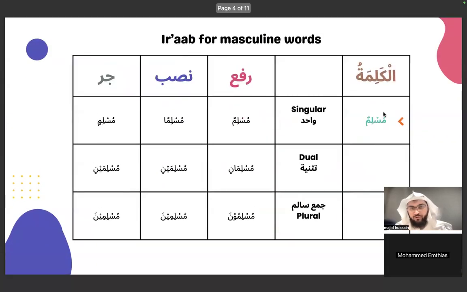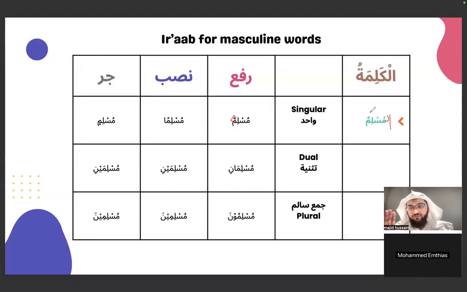One thing to mention over here, which I forgot, is the reason why we are using two dhamma in Muslimun, Musliman, Muslimin. It's because there is no alif lam added to this word. There is a rule in Arabic language: if alif lam is added to any word, the last diacritical point of the word cannot have tanween, meaning it will have only fatha, dhamma, or kasra.